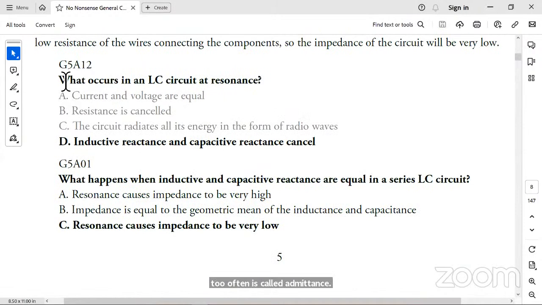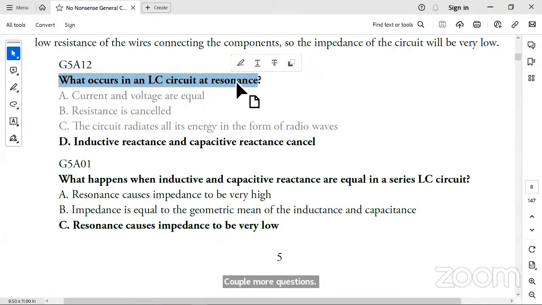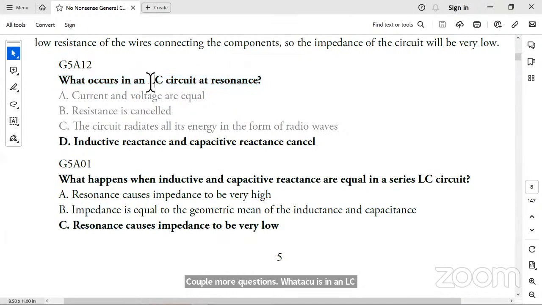Couple more questions. What occurs in an LC circuit at resonance? So let's dissect this question. They're asking us about an LC circuit. But what is an LC circuit? Well, we showed a schematic diagram with a circuit that has a source, an alternating current source. It had a coil or an inductor, and it had a capacitor. And we said that L is inductor and C is capacitor.